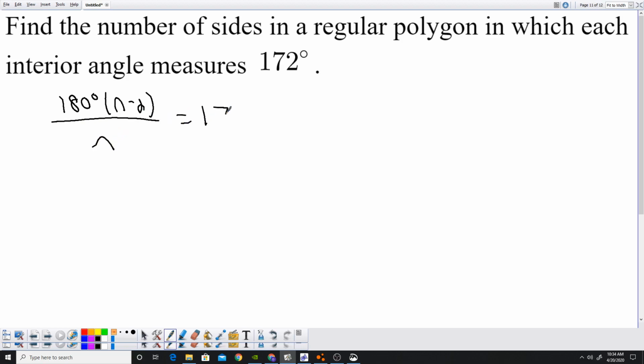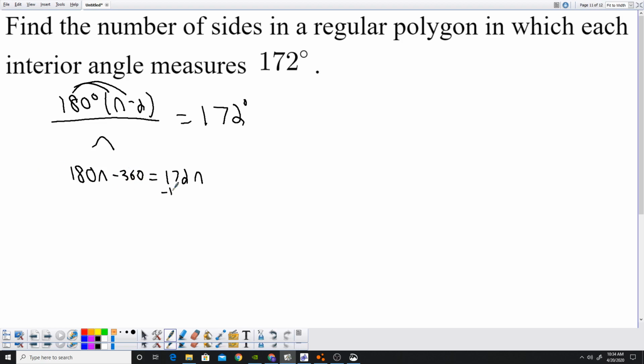And that equals the individual angle of the interior. Now, what we have to do is some basic algebra, multiply n over, so we have 172n equals, and if we distribute 180 to the parentheses, we have 180n minus 360.